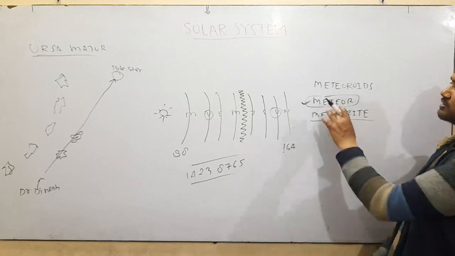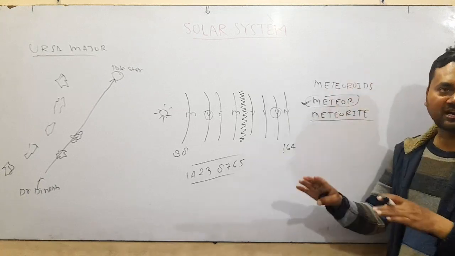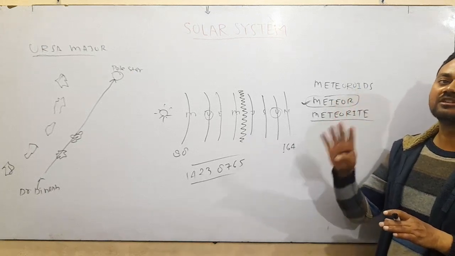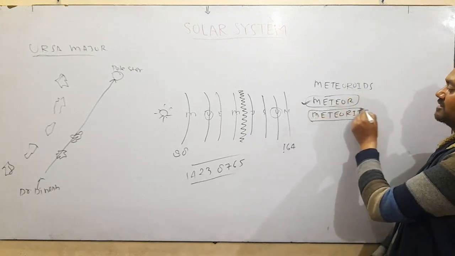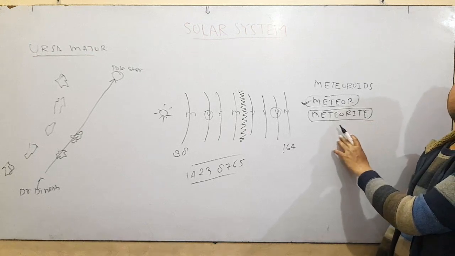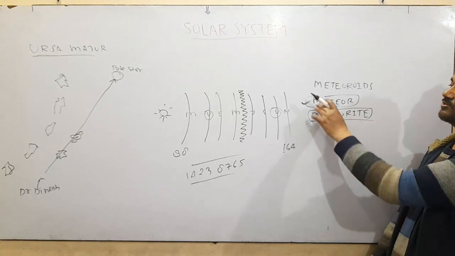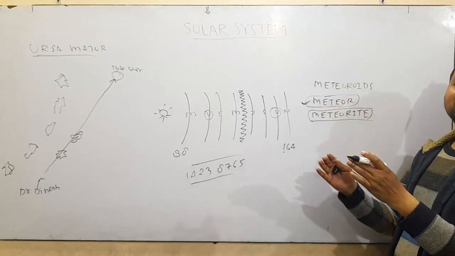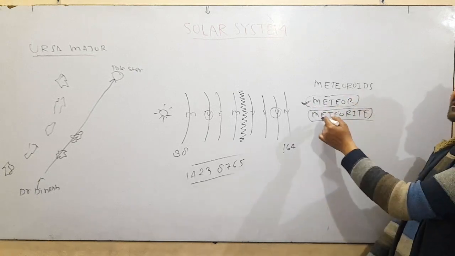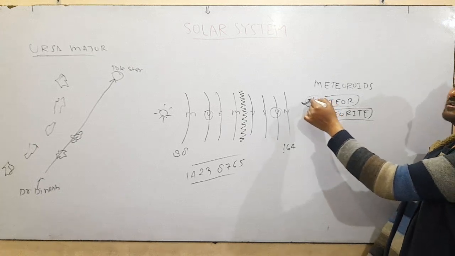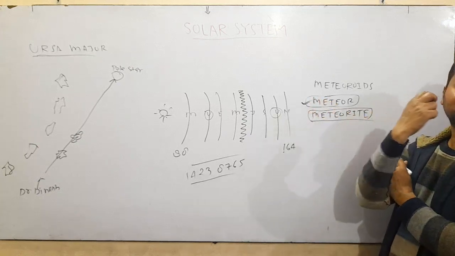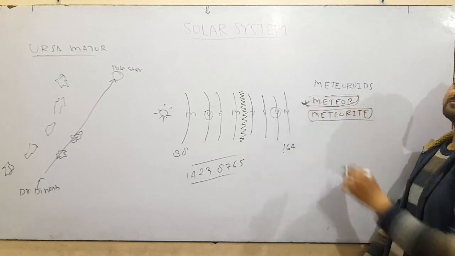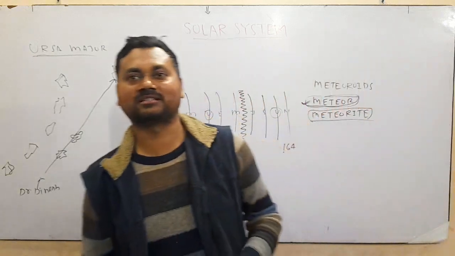So those meteoroids which reach the earth's surface, which get success in reaching it, we call them meteorites. And those which burn in between in the attempt of reaching the earth's surface, which generate a light or flame, these are called meteors. I hope it is clear.